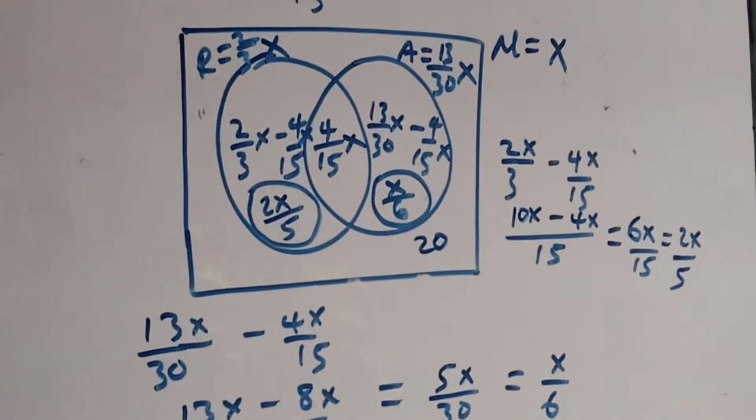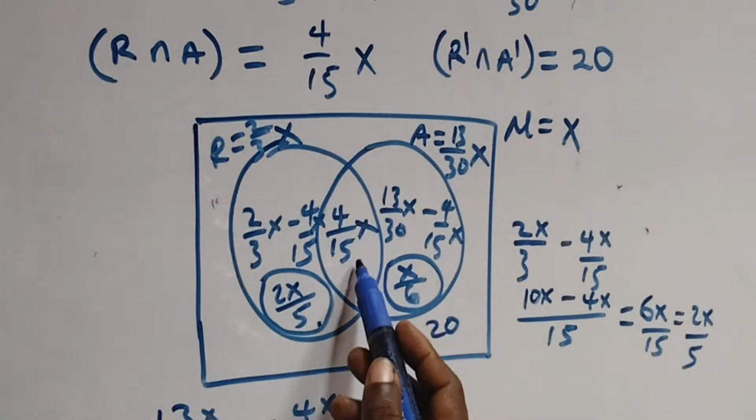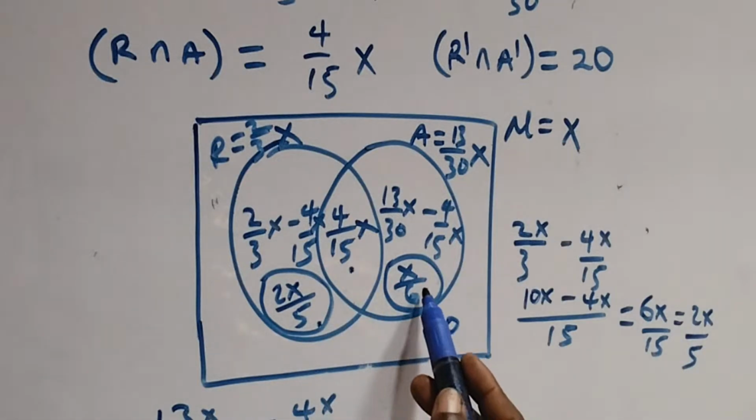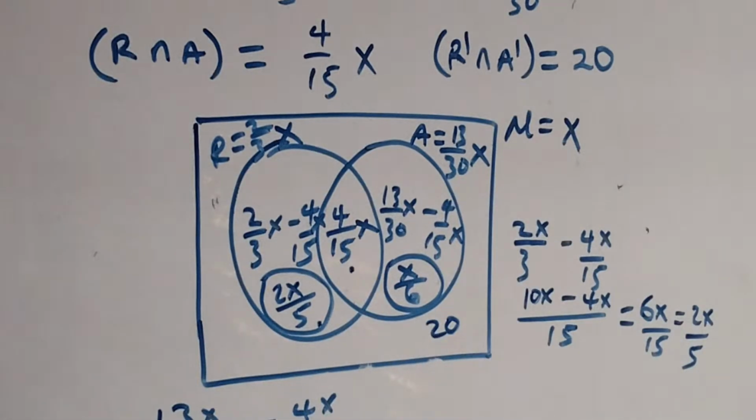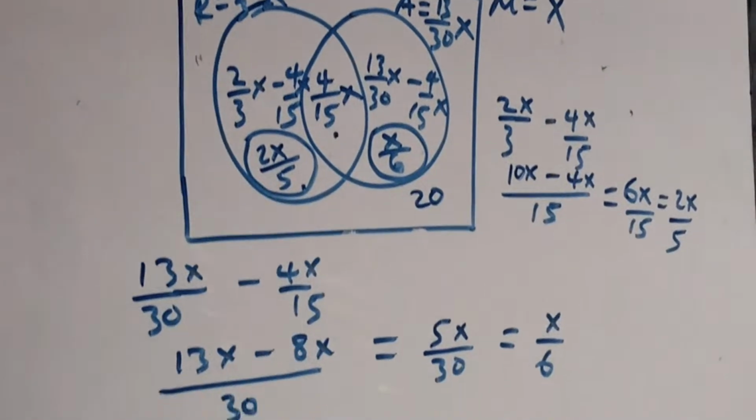I believe we are following. So this region now, this is 2x over 5, 4x over 15, x over 6, and 20. So add these together to get an equation to get the value of x.